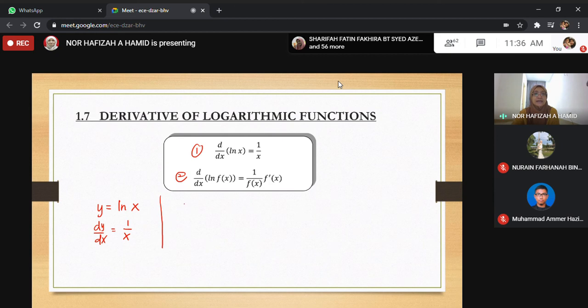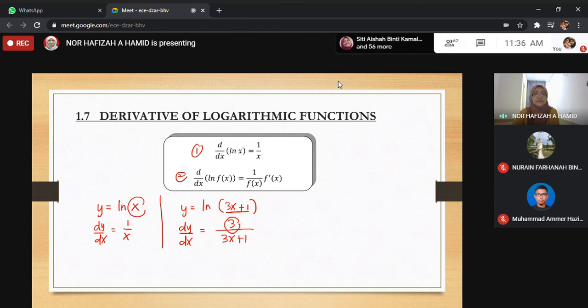Second formula for ln, for example instead of x, we have 3x plus 1. So differentiate, dy over dx is equal to 3 over 3x plus 1. So 3 ni comes from derivative of the 3x plus 1.